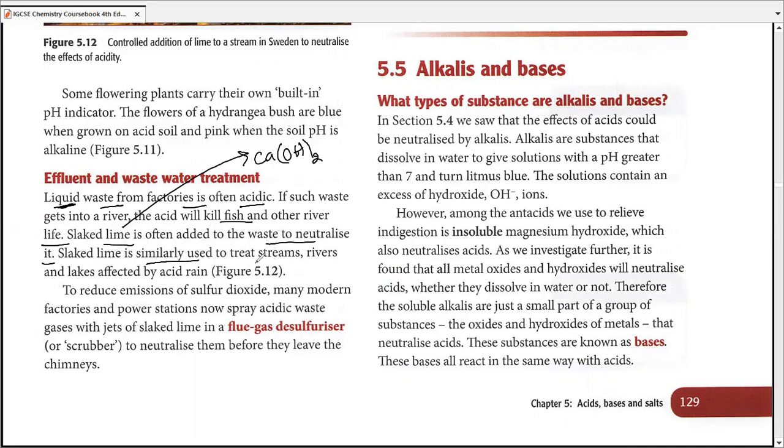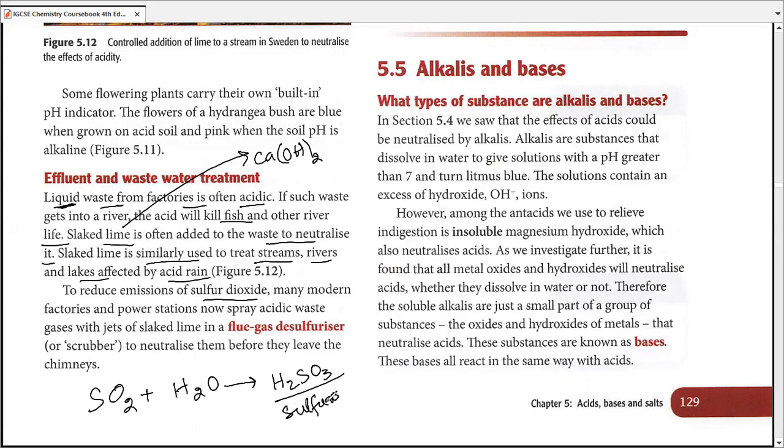Slake lime is similarly used to treat streams, rivers, and lakes affected by rainwater, acid rain, or any kind of acidic waste. In order to reduce the emissions, we must address sulfur dioxide. Remember, we have previously discussed that sulfur dioxide is harmful because it can add with water and turn into sulfurous acid.